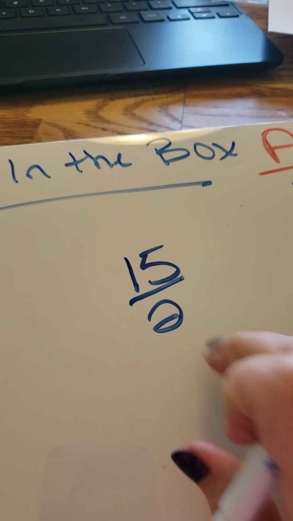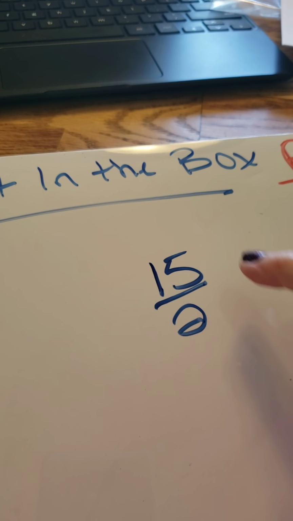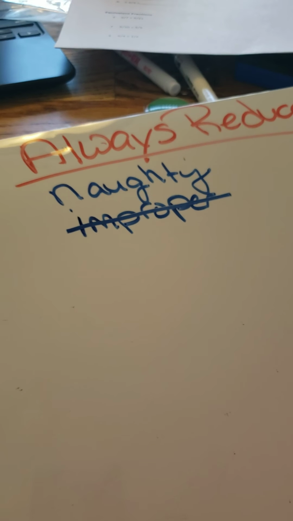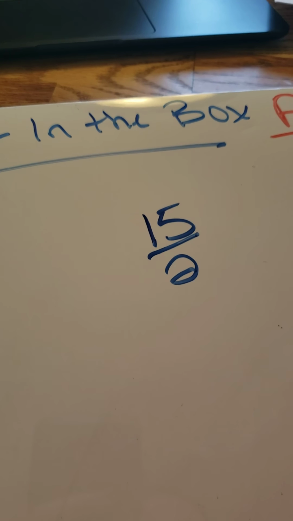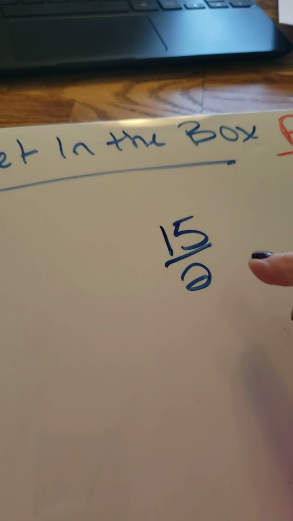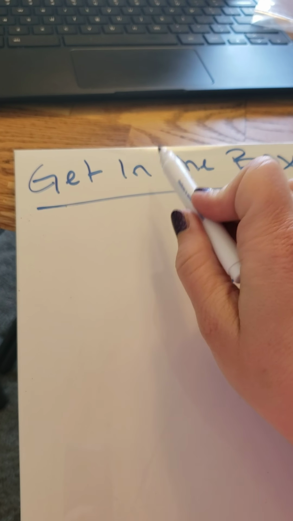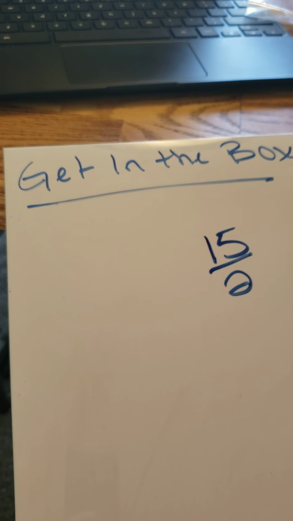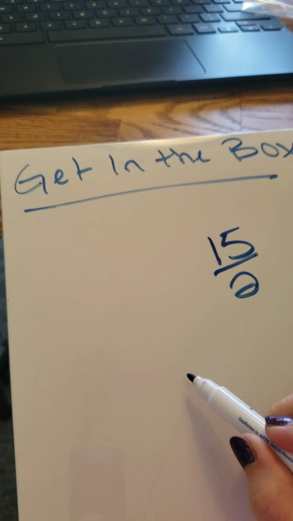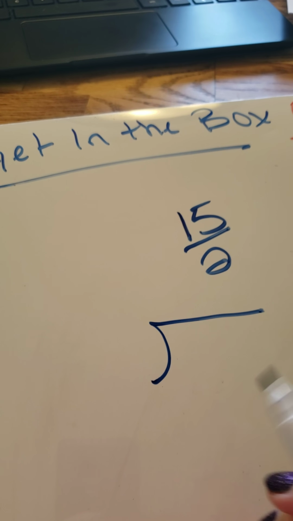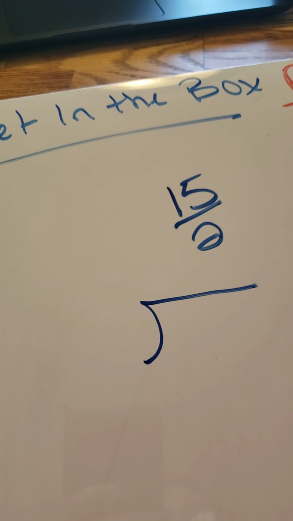This fraction right here, the top number is naughty. It's improper. We are not allowed to have a top-heavy fraction. So when we get a top-heavy fraction, I want you to scream, get in the box. It's naughty. So what box am I talking about? Division box.